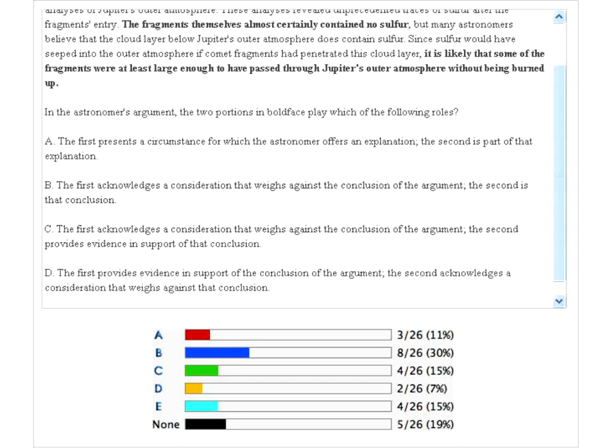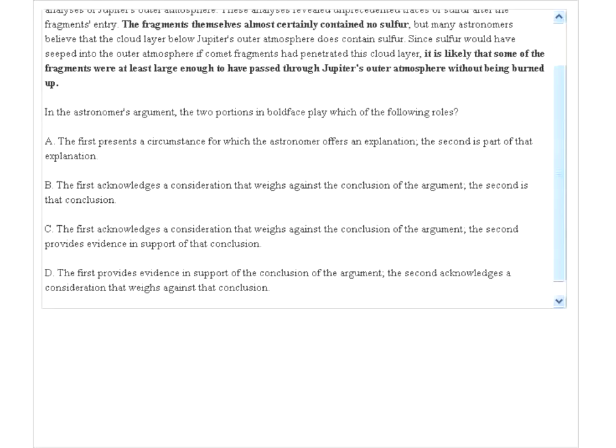So here's the problem again. Let's take a look. Boldface number one: the fragments themselves almost certainly contain no sulfur. See if that's a claim, and F if that's a fact.